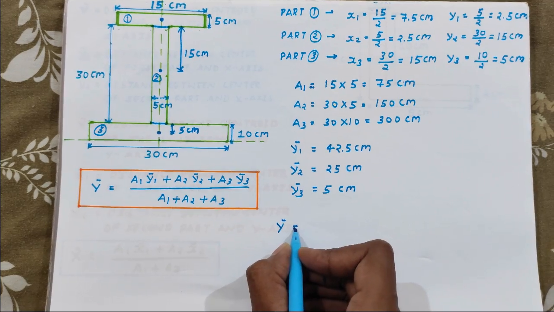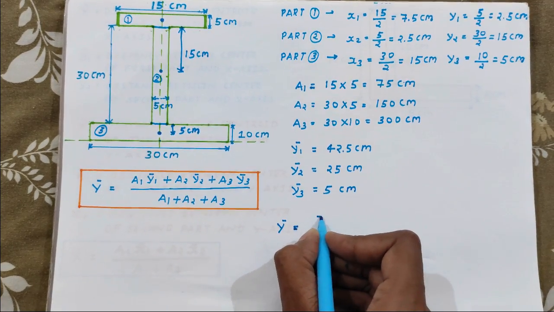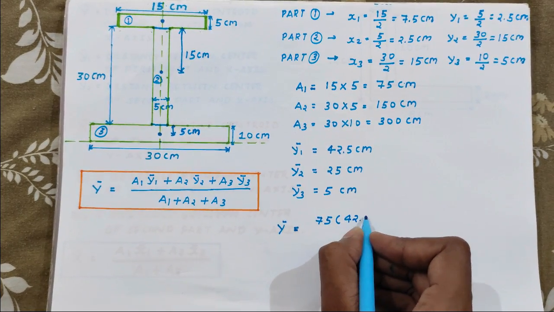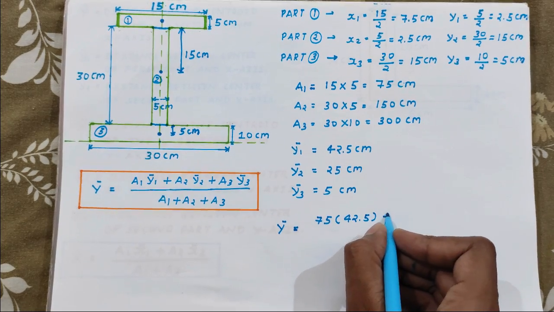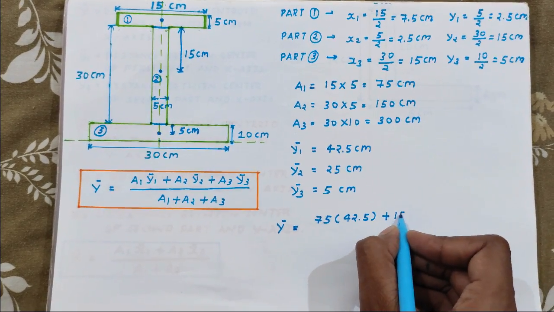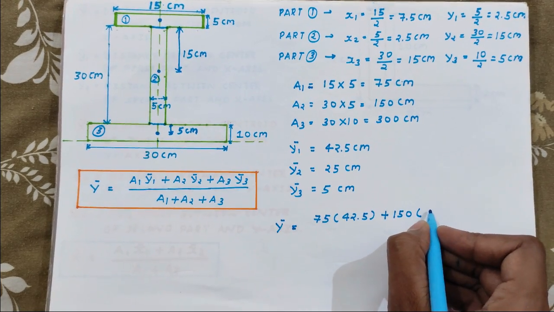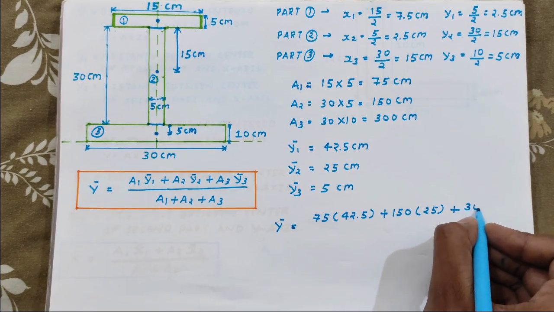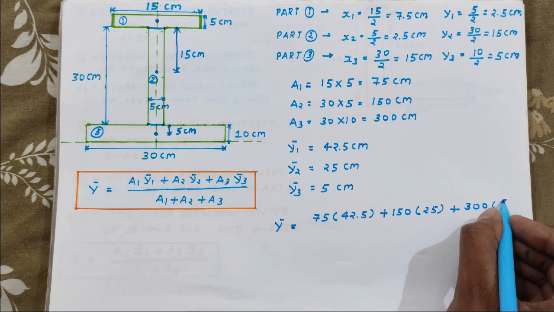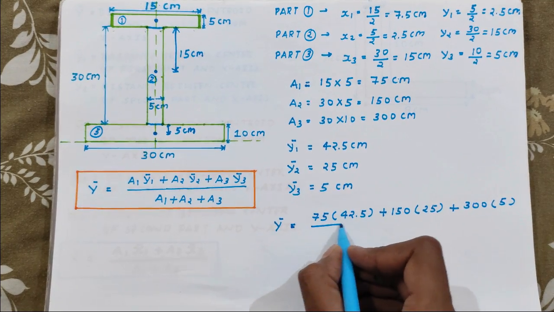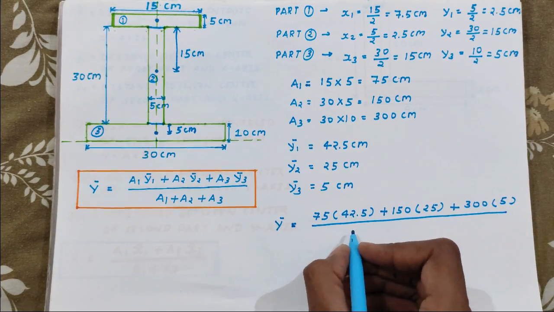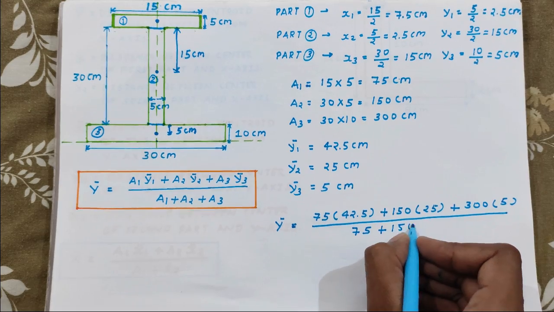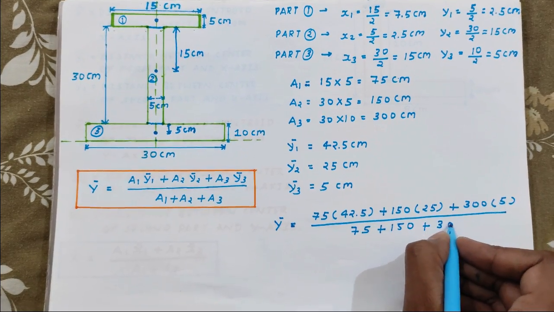So y bar is equal to a1 y1 bar, a1 equal to 75, y1 bar 42.5, plus a2 y2 bar, a2 equal to 150 and y2 bar is 25, plus a3 300 and y3 bar equal to 5, upon a1 plus a2 plus a3, 75 plus 150 plus 300.